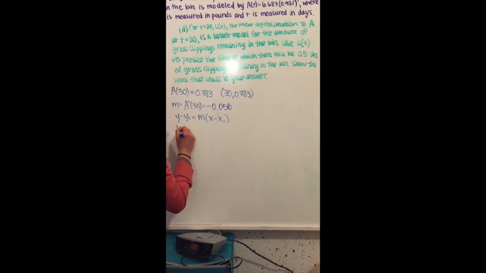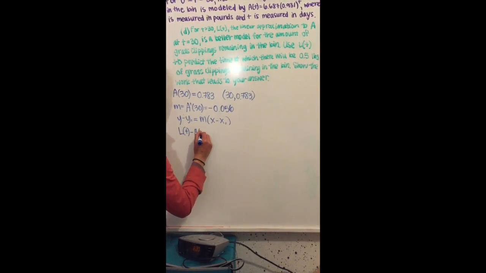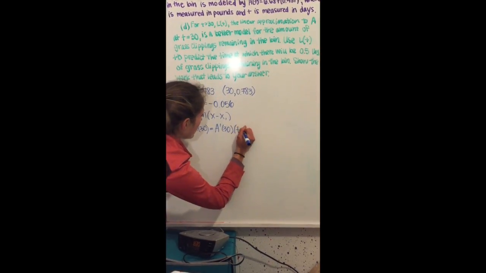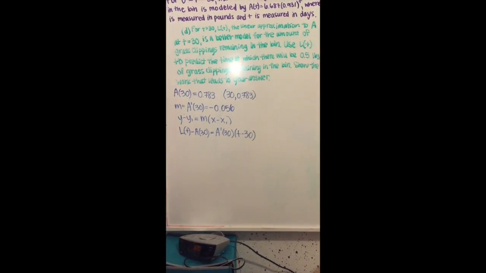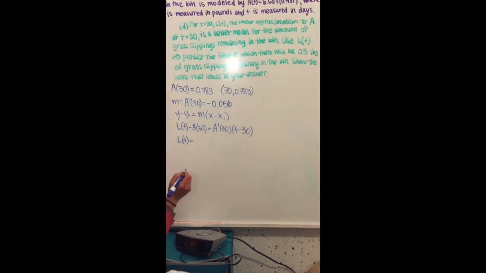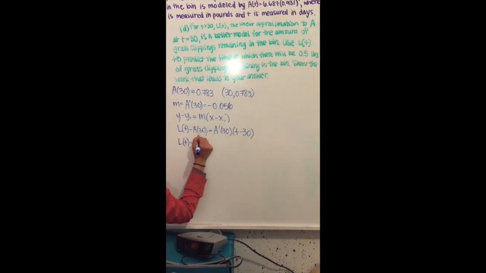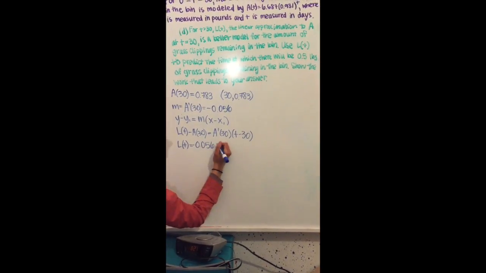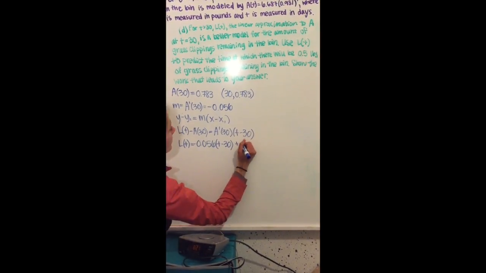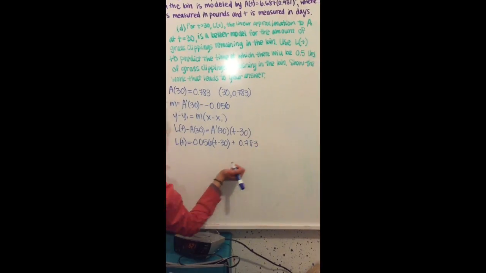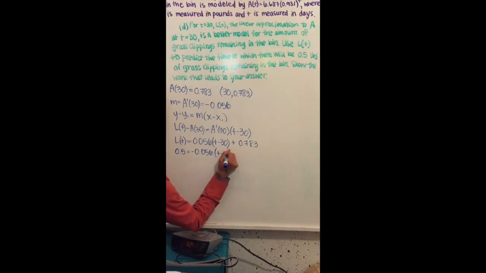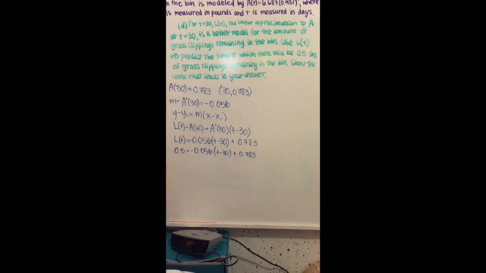So we know that L of t needs to equal 0.5, and since y equals L of t equals 0.5, we can plug that in. We know that y1 is the point we solved for earlier, 0.783. M is what we solved for, which is the derivative at t equals 30. The x is the variable we are trying to solve for, and x1 is 30 in that point, (30, 0.783). So we're going to plug all those points into our equation.